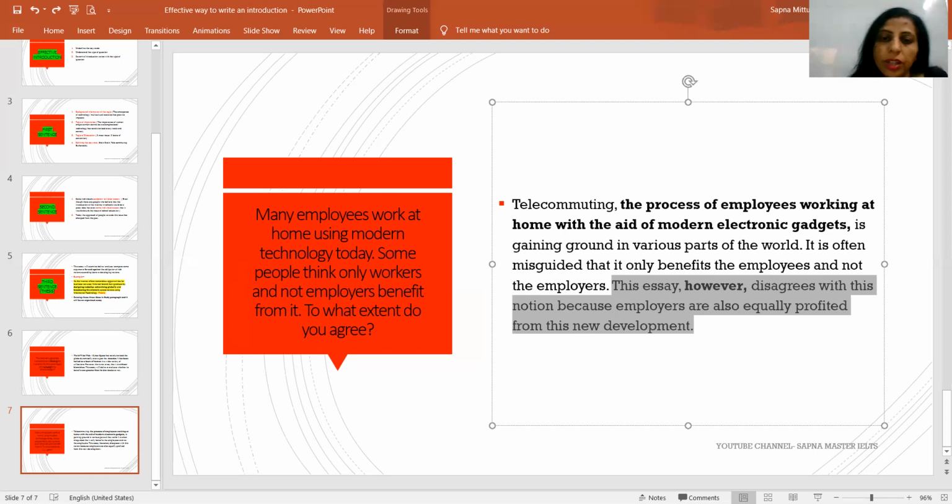It means you got a clear picture of it. The examiner, the reader, will be happy to see it and he'll be impressed for sure. And after looking at this, if you connect "this essay, however, disagrees with this notion because employers are also profited," and if you talk about employers in your body paragraph also, it means it is an organized essay. You will definitely get bands above 7.5 for sure.